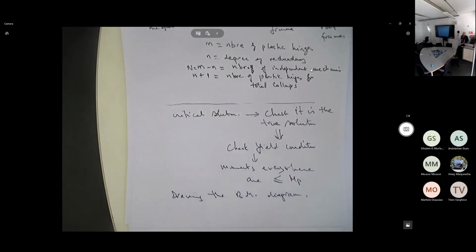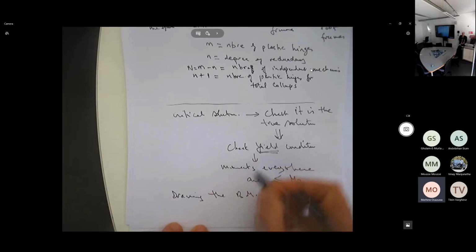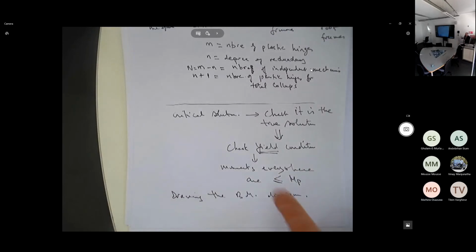Hello, sir. Yes. You said when you check that the bending moment in every area is less than MP. It's the yield condition. One of the conditions that you check, there are three conditions. If you go back to your lecture notes, we said in order for a solution to be true and unique, three conditions must be satisfied: mechanism condition, equilibrium condition, and the yield condition.